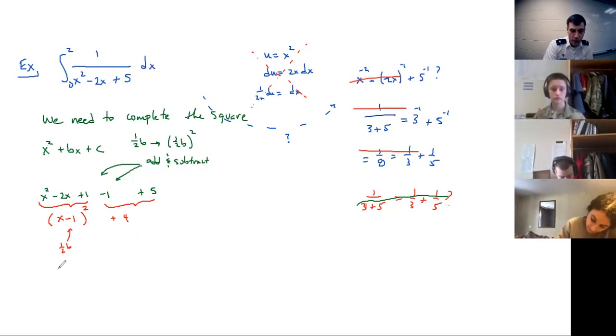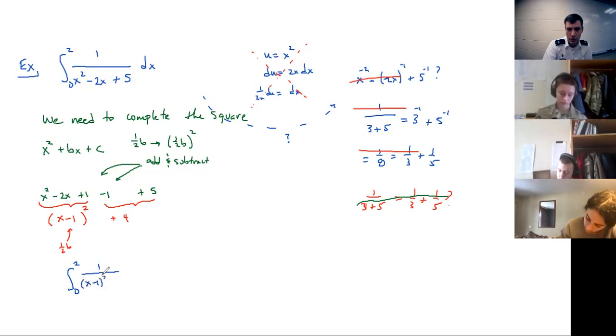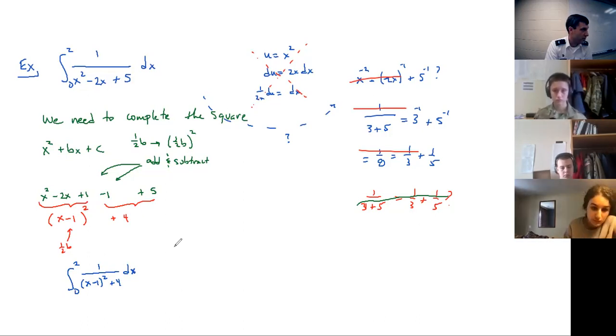So my original integral turns into the integral from 0 to 2 of 1 over the quantity x minus 1 squared plus 4 dx. And now the question is, do you remember how to handle this?